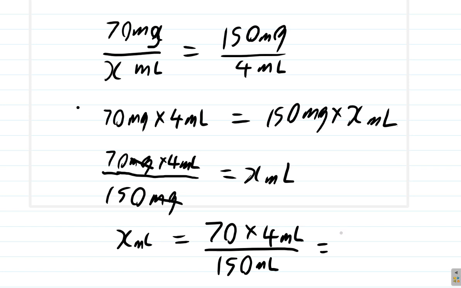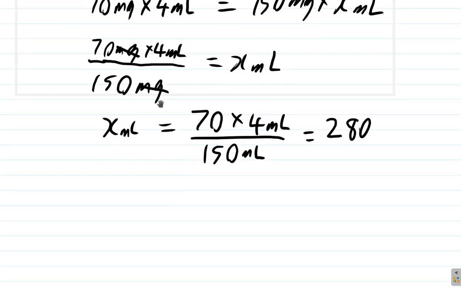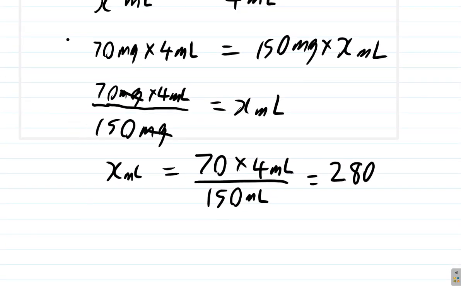You know that 4 sevens is 28, so 70 by 4 will be 280. I had put milliliters down here, that's a mistake. It was 150 milligrams and it was cancelled out. 280 divided by 150, and this will be milliliters.